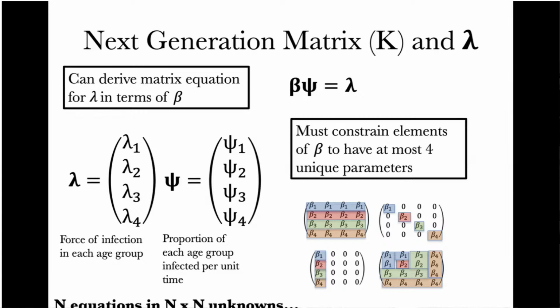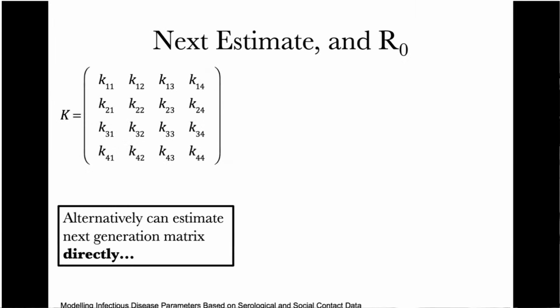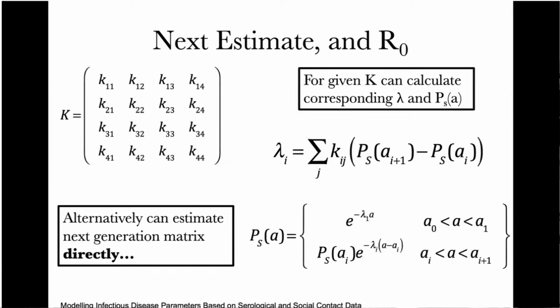But now you really don't need to make those assumptions because there are many contact studies already around that you can use to layer a functional form or a structure to your beta and estimate the force of infection. And this is what is done.